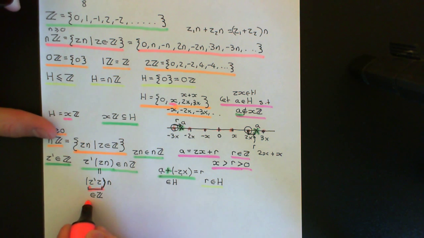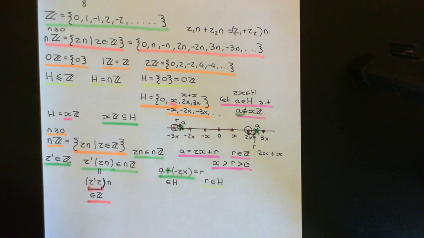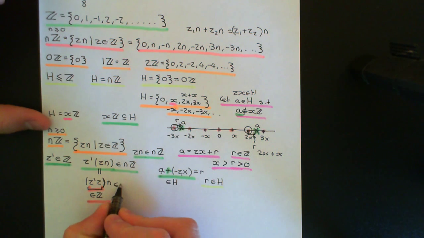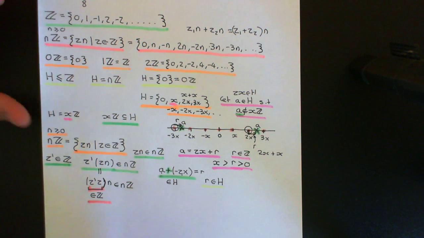Therefore this is still an integer multiple of n, and therefore absolutely it is something that's in this subset of all integer multiples of n. So basically, when you take an integer multiple of n and multiply it by another integer, you do still get another integer multiple of n. That's very, very simple. So indeed, all of these additive subgroups, which are these subsets of all integer multiples of n, are all ideals within the ring of integers.